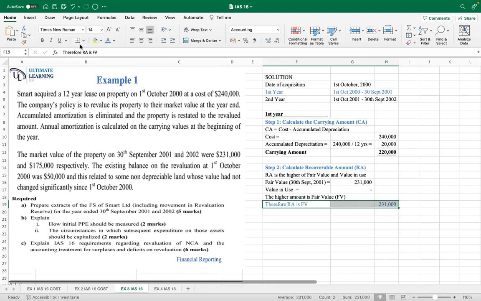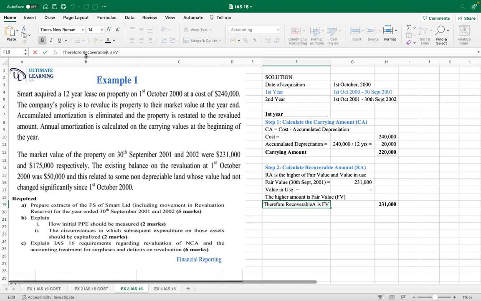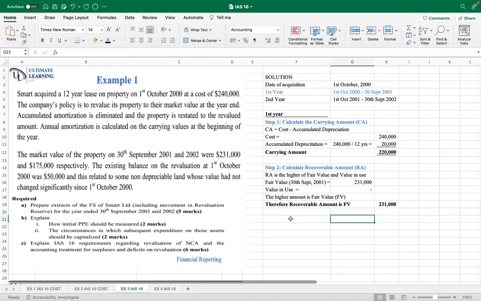So our recoverable amount is 231. Okay? So let me write it in full here so that recoverable amount is 231.